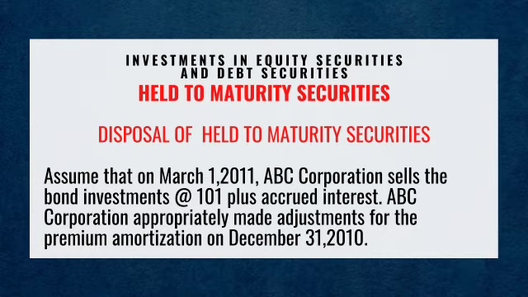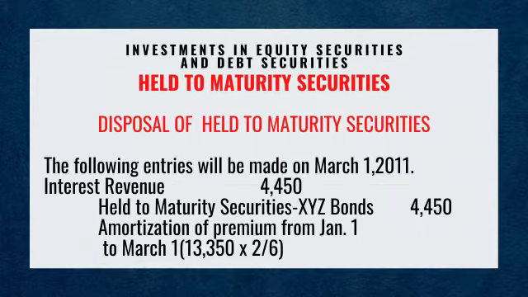Assume that on March 1st, 2011, ABC Corporation sells the bond investment at 101 plus accrued interest. ABC Corporation appropriately made adjustments for the premium amortization on December 31st, 2010. The following entries will be made on March 1st, 2011.